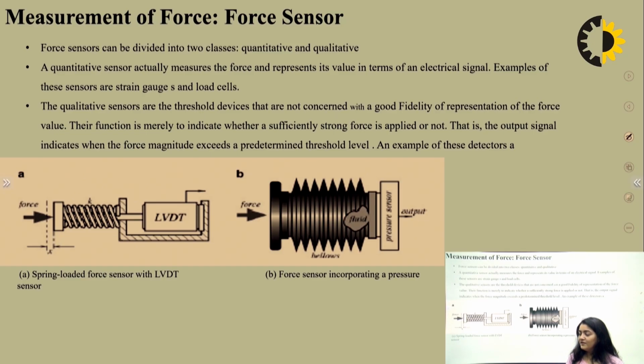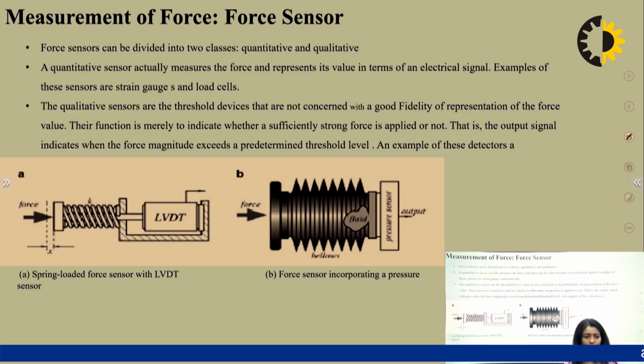An example of these detectors is a spring-loaded force sensor with LVDT. And this is a force sensor incorporating a pressure valve. These are the bellows, a kind of primary sensing element. So, whenever you apply a force, some output comes out in terms of a displacement or pressure.